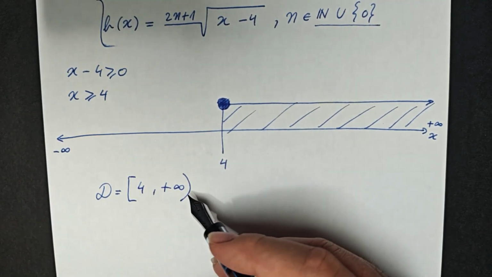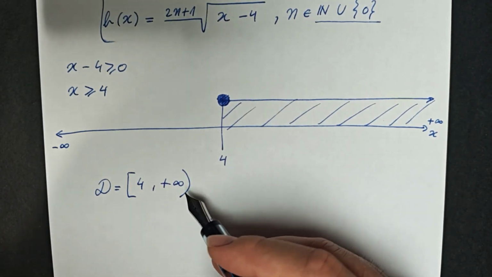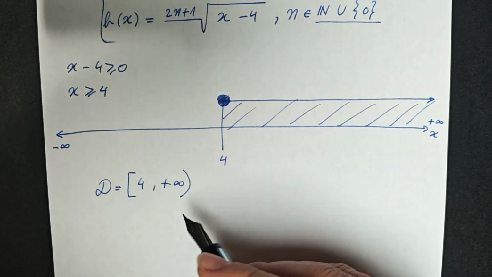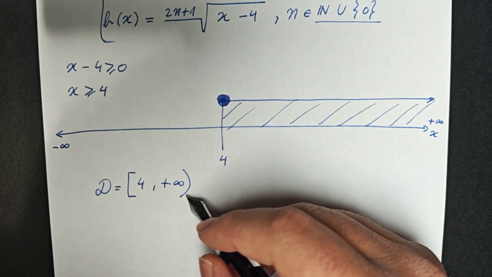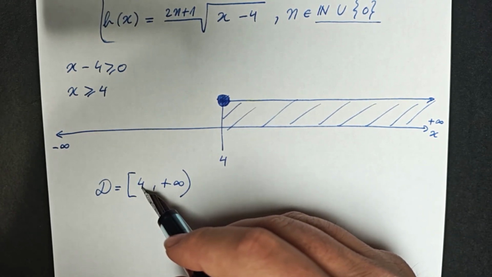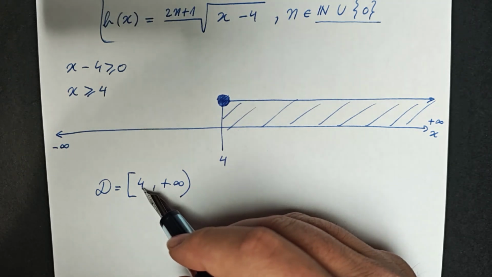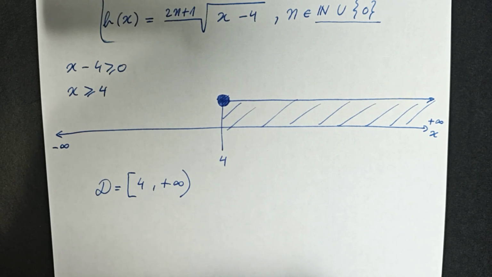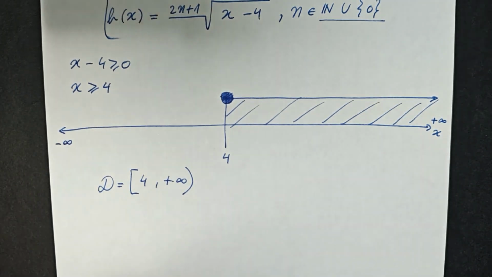Of course, we are dealing with the finite numbers, so positive infinity is never included in this set. So we are going to denote that with this simple parenthesis. In this case, number 4 does belong in our set, and we are denoting that by using the square brackets on the left side of this interval.